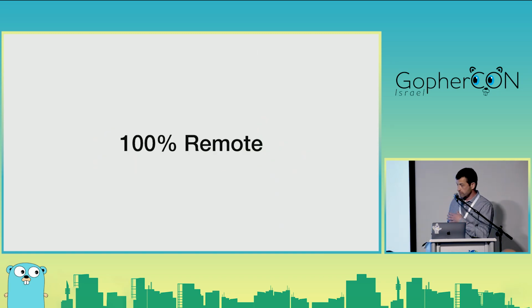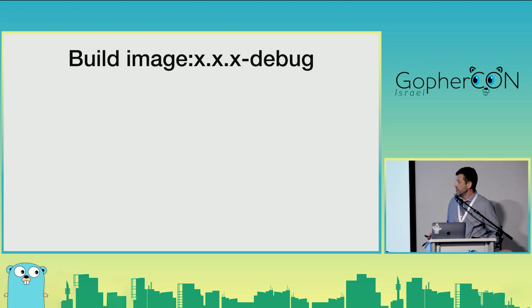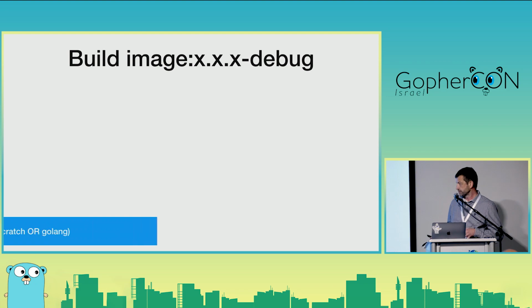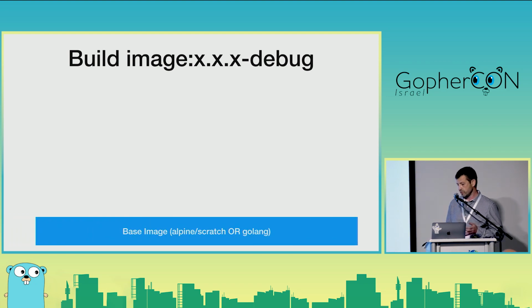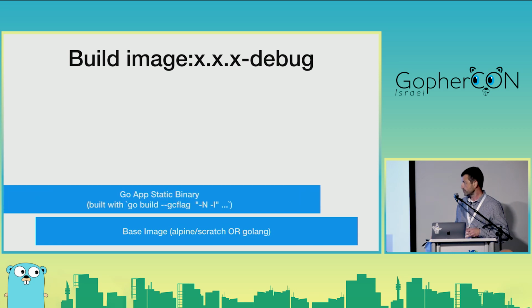So let's zoom into remote development. First of all, you need to modify the image you are building, okay? So you're building the Docker image, you select the base, you're starting from a base. For Go, it can be Scratch, actually not zero image, or Alpine, or Golang since we are going to put there some information, some code.